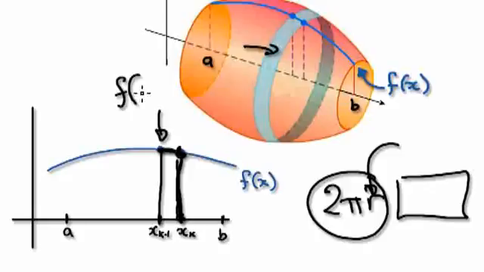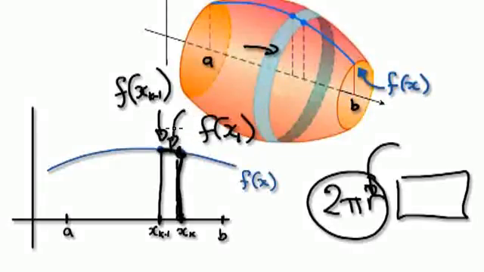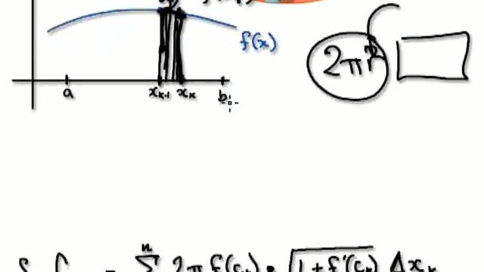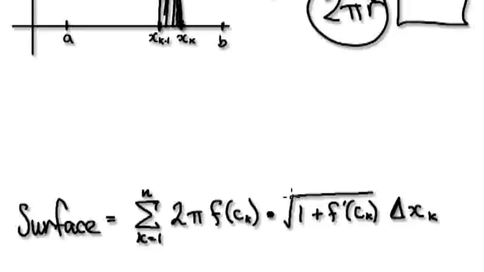The radius here is f of x k minus 1, and here you've got f of x k. But we want the one in the middle, the average of the two, which is f of c, where c is somewhere in between the two. As n heads towards infinity, this thing will decrease because c is always trapped in between the two. This c will eventually become f of x. It will make sense.